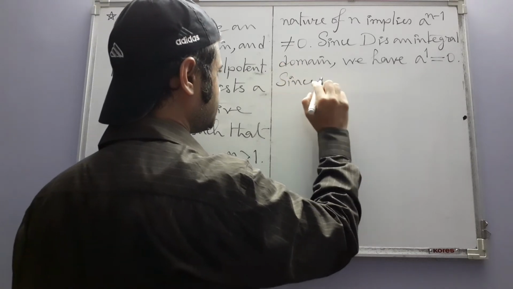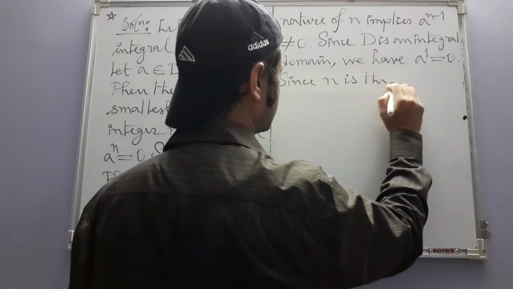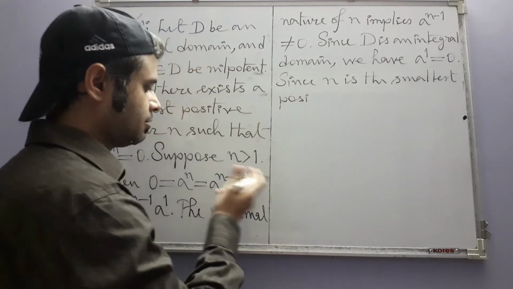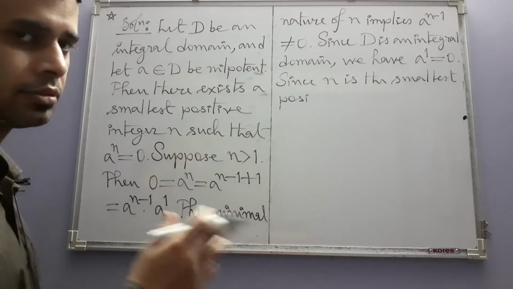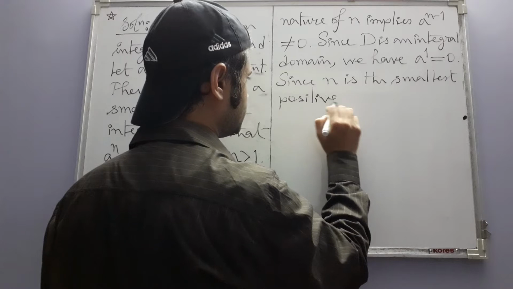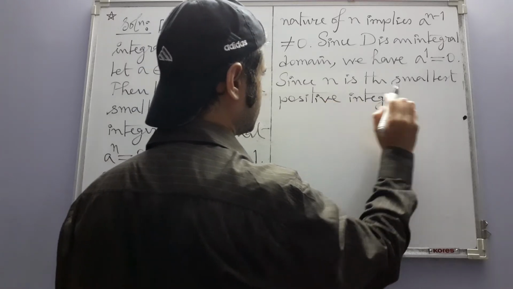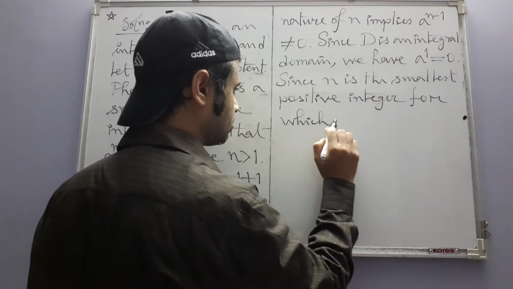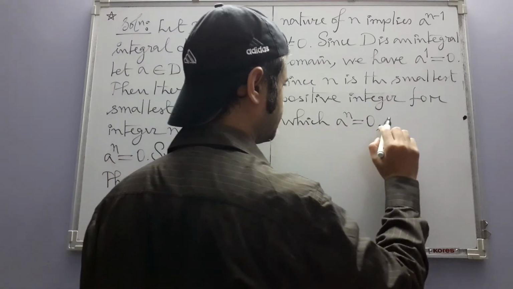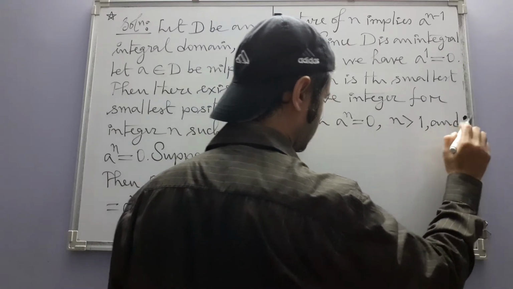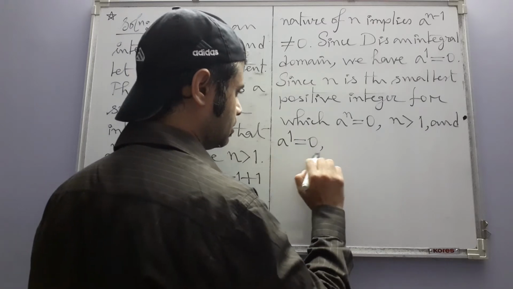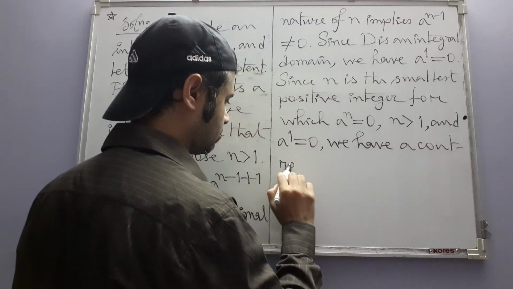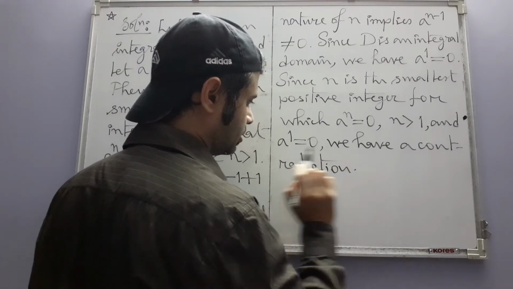since n is the smallest positive integer for which this is equal to 0. Although we can see clearly what is being contradicted, it does not hurt to write that down: since n is the smallest positive integer for which this is equal to 0, n is greater than 1, and this also has been found to be 0, we have a contradiction.